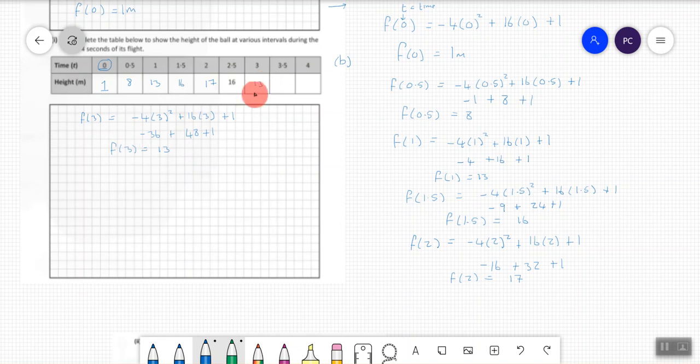So then we want to do function 3.5. Is equal to minus 4 times 3.5 squared plus 16 times 3.5 plus 1. So that's 3.5 by 3.5, which is 12.25, multiplied by 4.